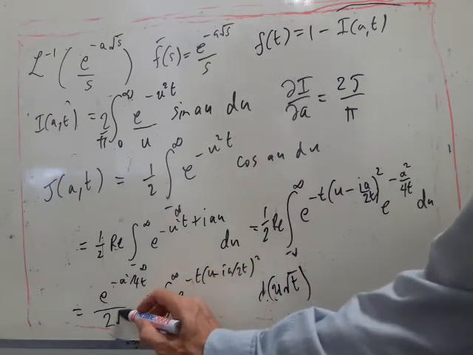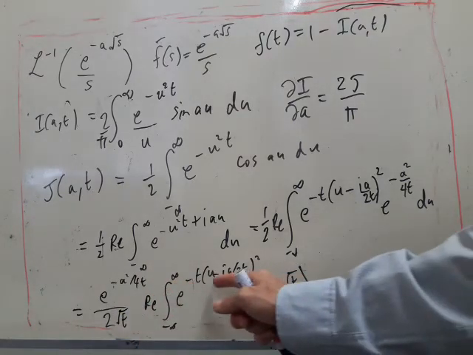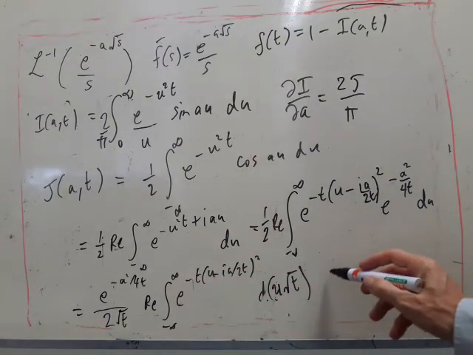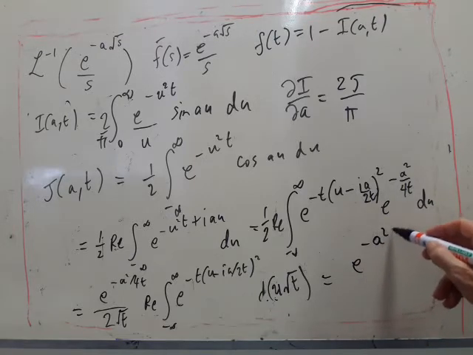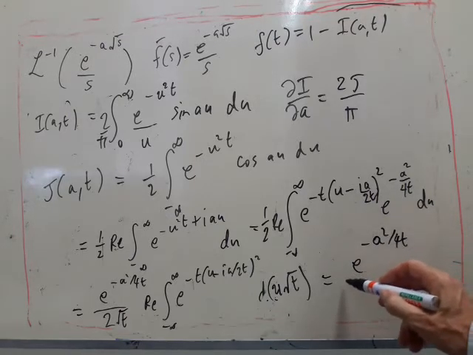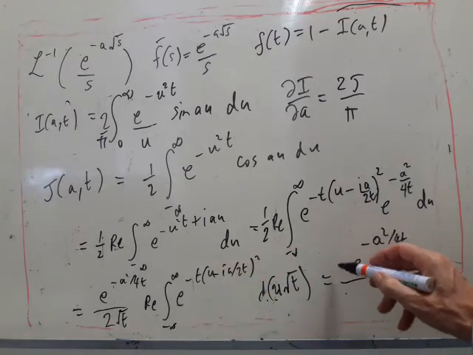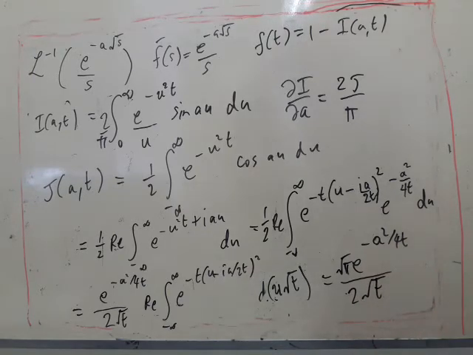Then I need to divide by root t here. Then this is just going to be the famous result root pi. So I ended up with this equaling e to the minus a squared over 4t over the answer to this integral, which is root pi, and it's 2 root t on the bottom.